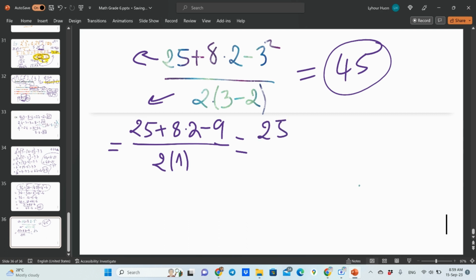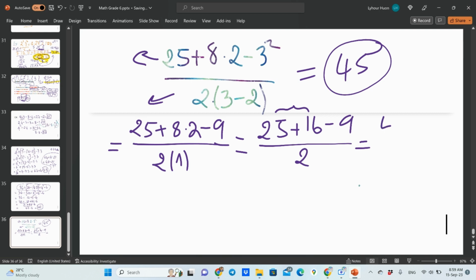I just changed my answer. Did you make a mistake again? Yeah. Okay, it's 9, and now it's 40. Now in the denominator we only have one multiplication, so it equals 25 plus 16 minus 9. Here, 25 plus 16 is 41.